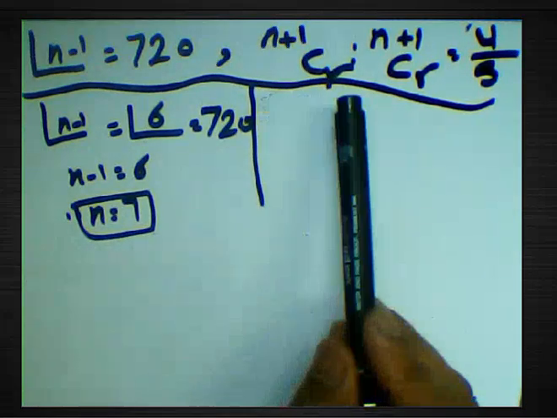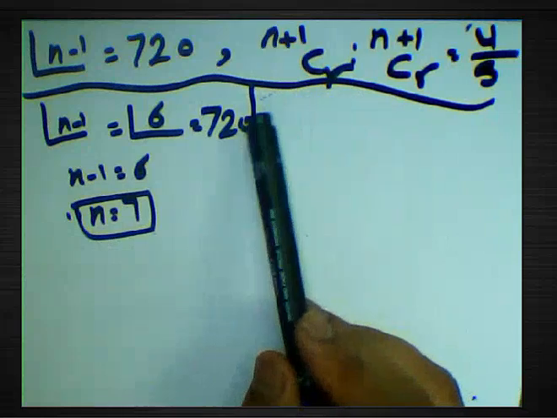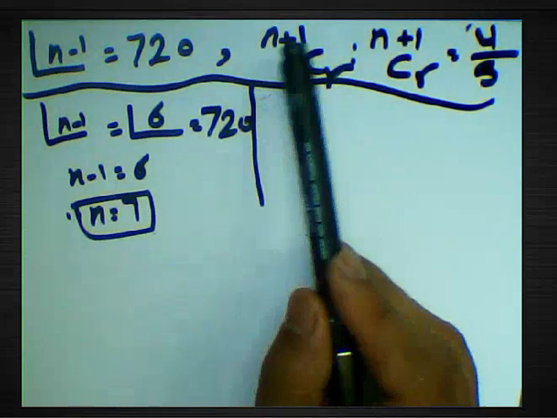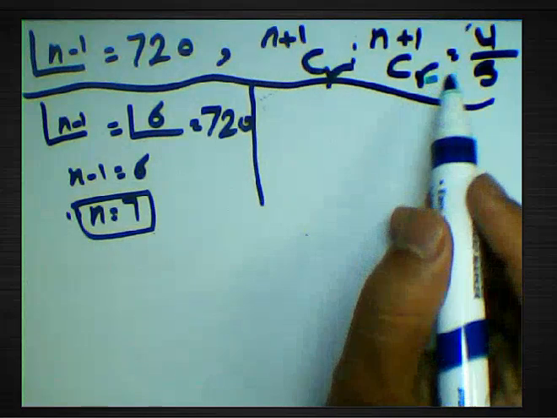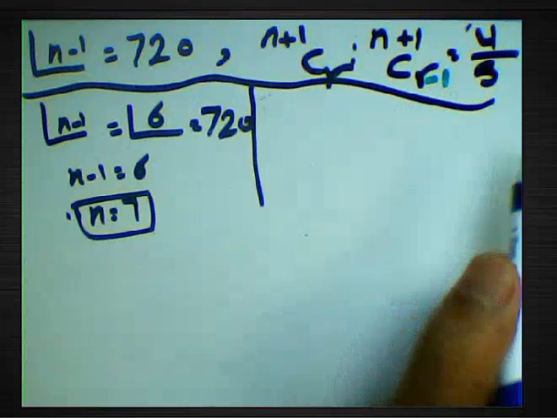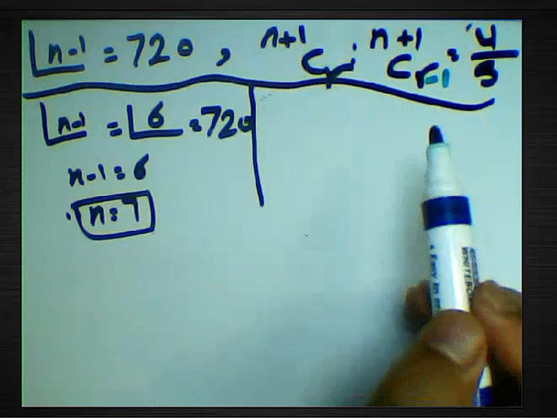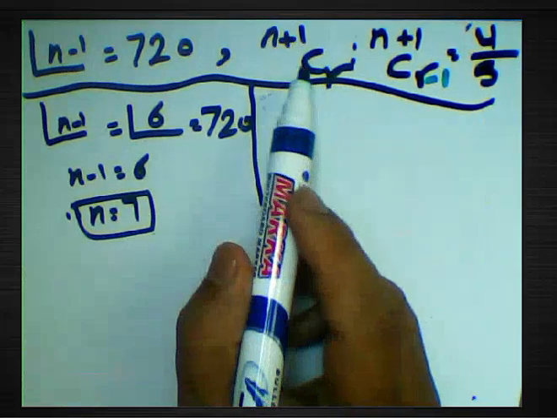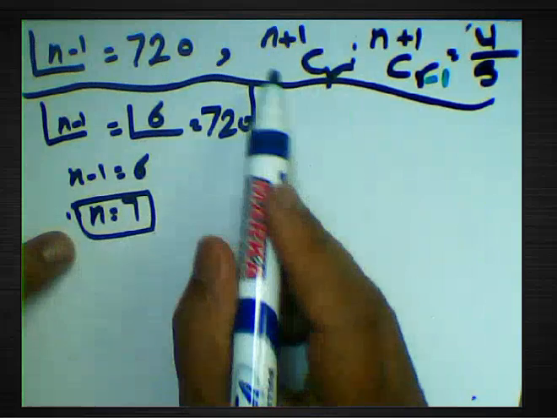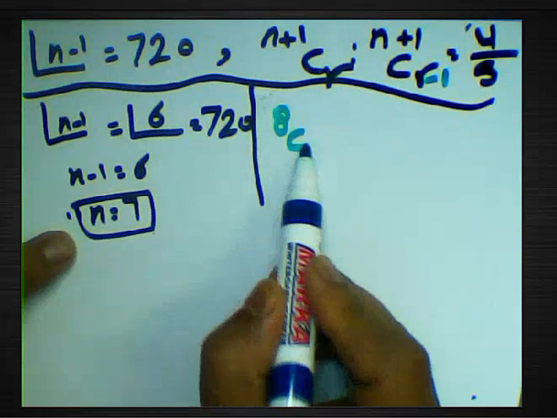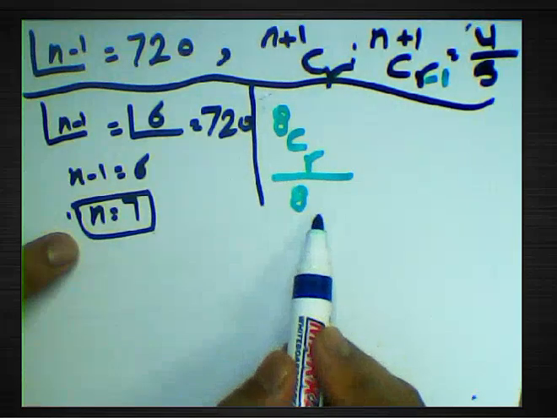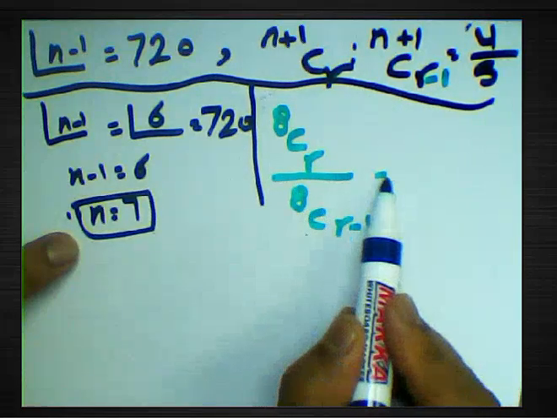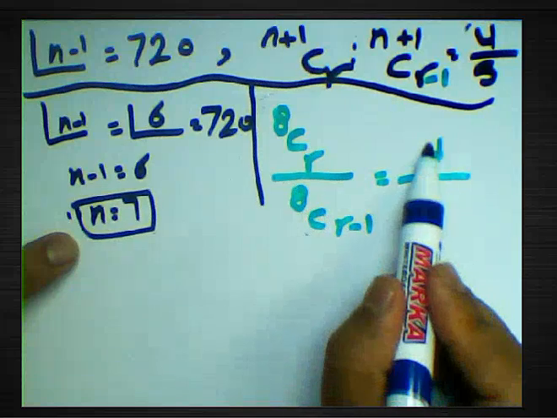And here we have the ratio between two combinations: (n plus 1) combination r to (n plus 1) combination (r minus 1) equals 4 to 5. With n equals 7, the result will be 8 combination r to 8 combination (r minus 1), which equals 4 over 5.